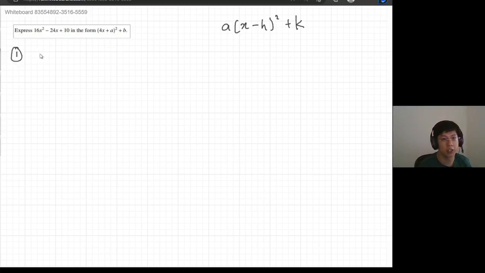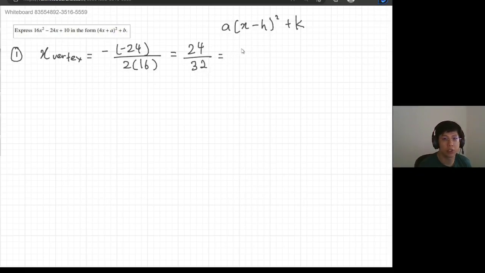So I'm going to find x of the vertex by doing negative b, which in this case will be negative 24, over 2a, so 2 times a, which is 16. This gives me 24 over 32, which is the same as 3 over 4. With that, I can sub x in.